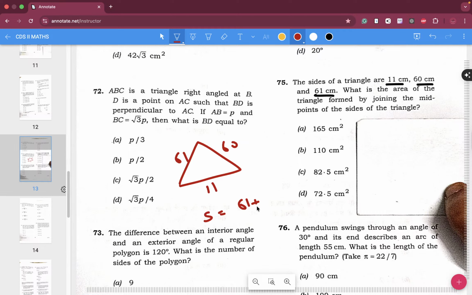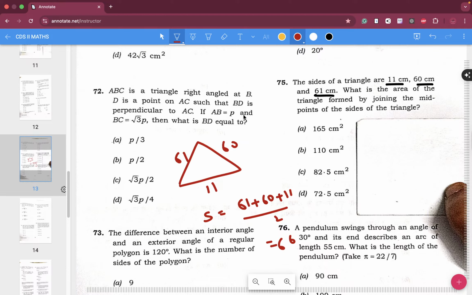Semi-perimeter is equal to 61 plus 60 plus 11, divided by 2, which is 132 by 2, which is 66.